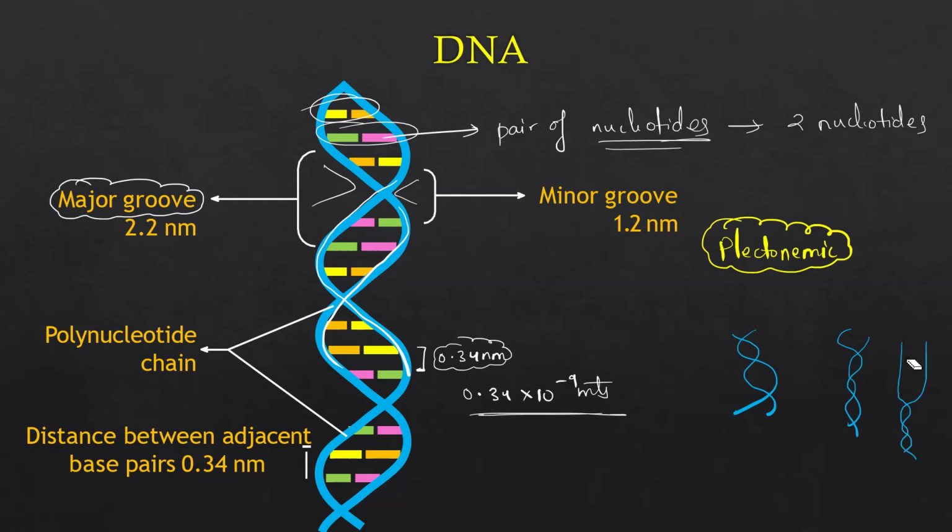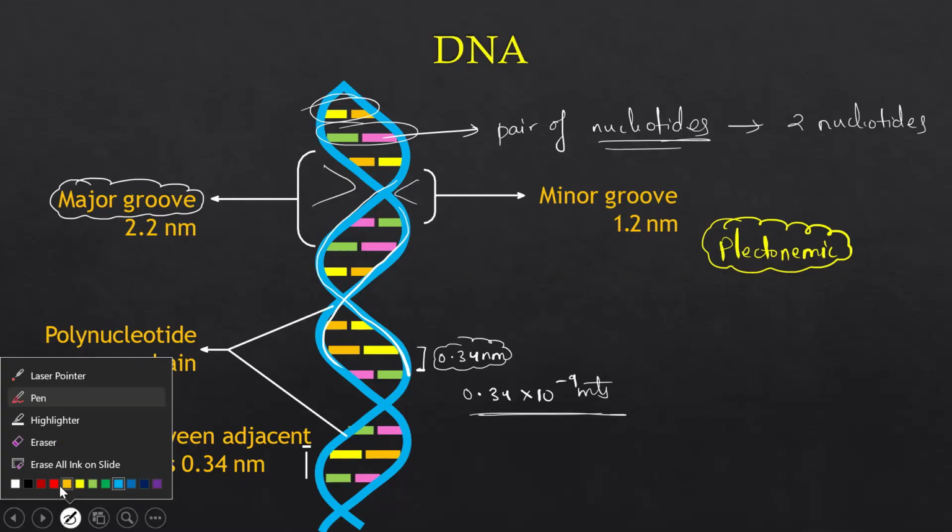You completely unwind both the strands, then only can you break the hydrogen bonds and separate the two strands. Till then, you cannot separate the two strands of the DNA. So that's what plectonemic means. Understood what is meant by DNA being plectonemic in nature?